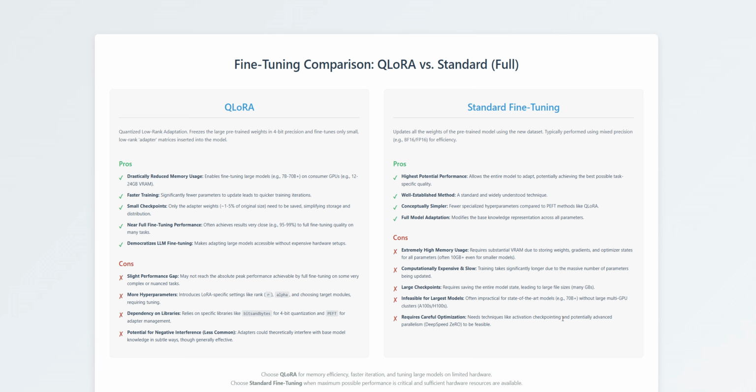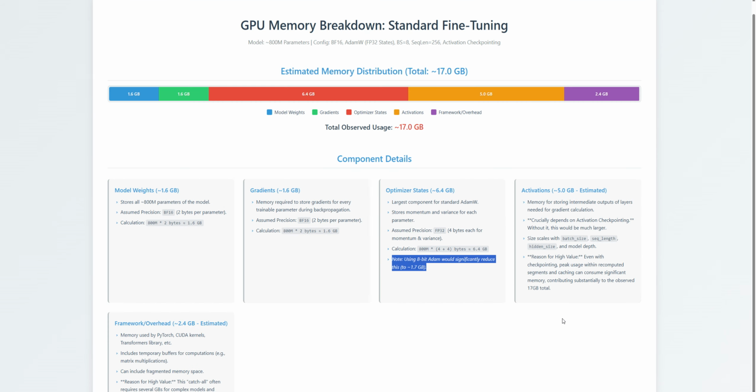Training is slower, checkpoints are massive. And for the really big models, it's often just not feasible without a serious cluster. So, for InkubaLM, standard fine-tuning gave us that score boost because adapting all 400 million parameters was more effective than just tuning the small QLoRA adapters for this specific set of tasks.